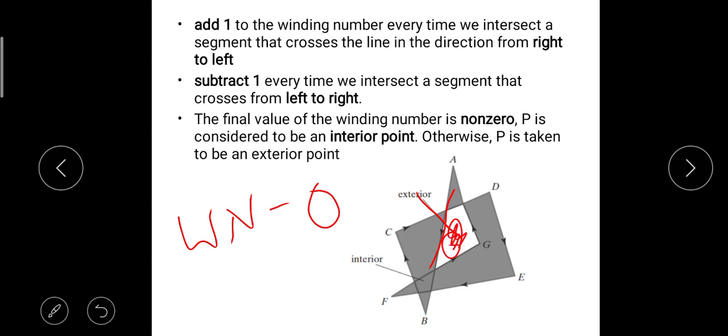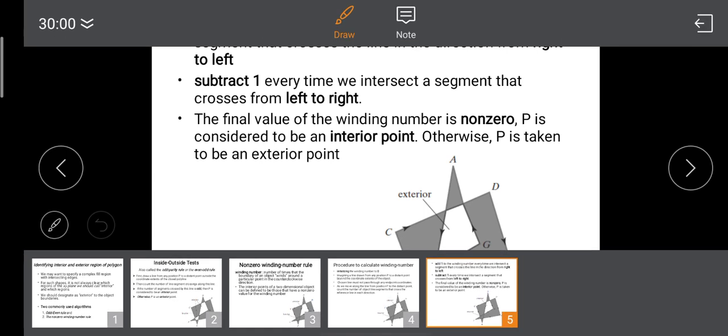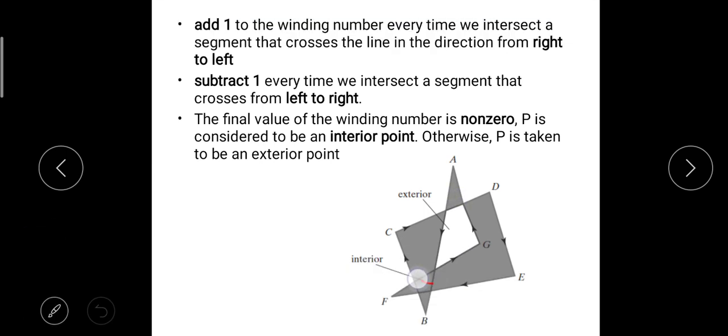Now next we'll look at the interior point, which is being drawn here. From here to here it has been drawn. There are two line segments intersecting that line.